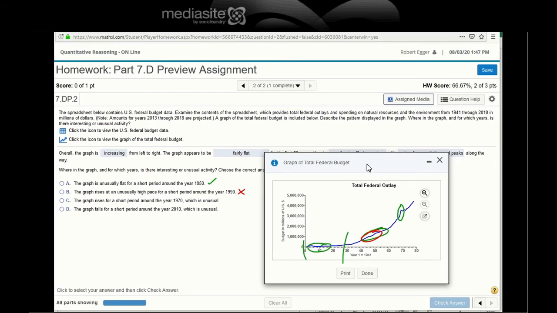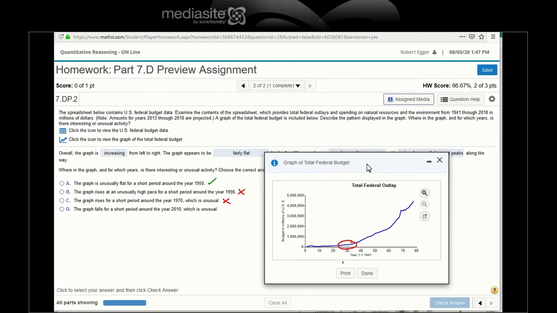The graph rises for a short period around 1970. 1970 is around here. I don't see anything unusual happening there. The graph falls for a short period around 2010.